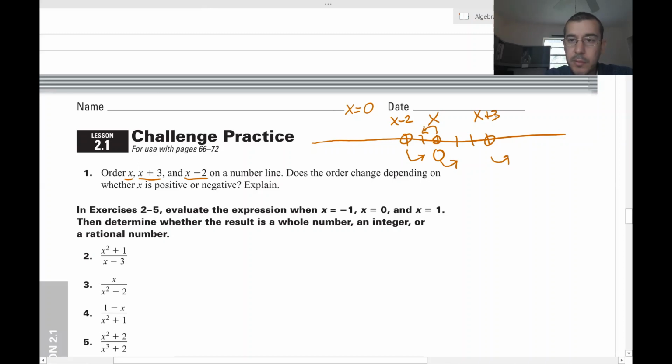Minus 1 plus 3 is plus 2. This one moves 1 to the left as well. And then minus 1 minus 2 is minus 3. This one also moves 1 to the left. So the order doesn't matter whether x is positive or negative. So it does not matter.